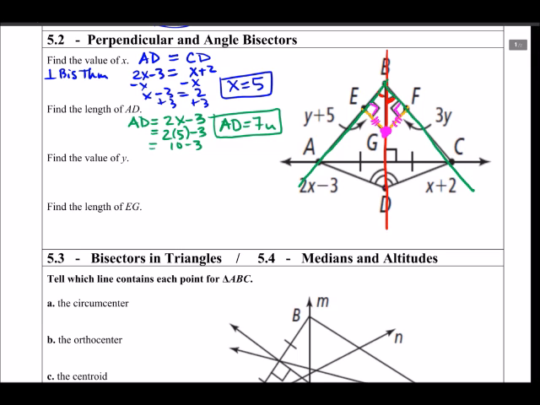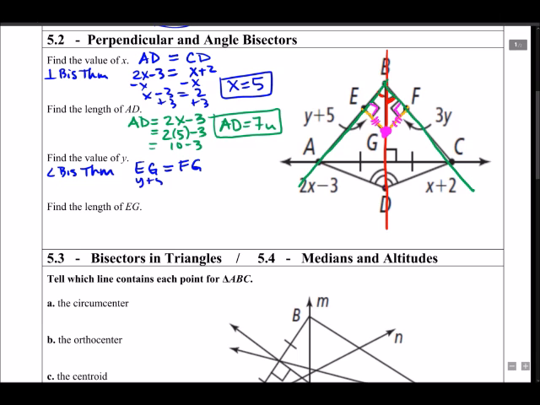They are equidistant from point G because they are being measured perpendicular. So this is our angle bisector theorem, and it lets us say that segment EG is equal to segment FG.